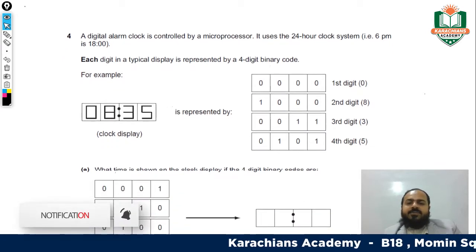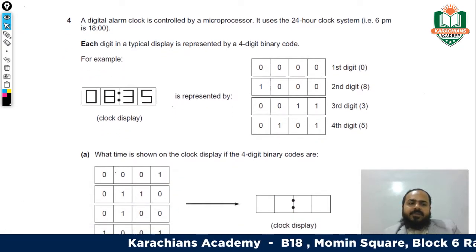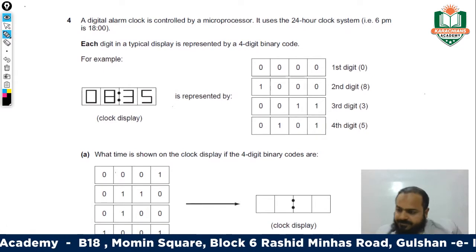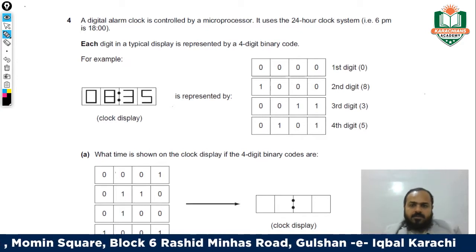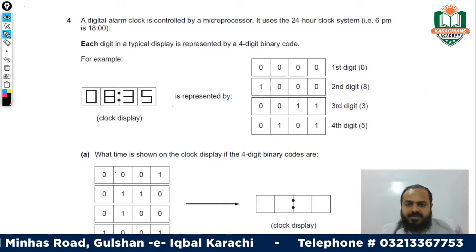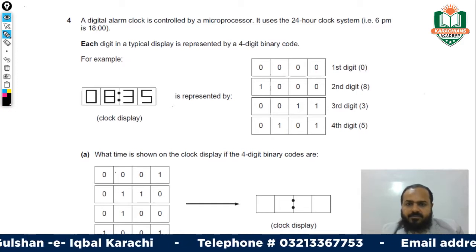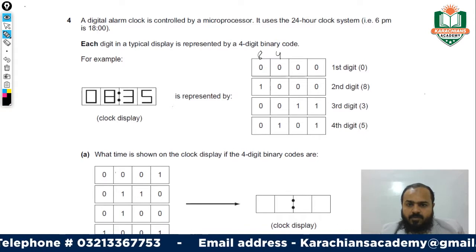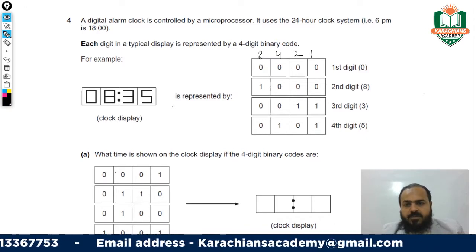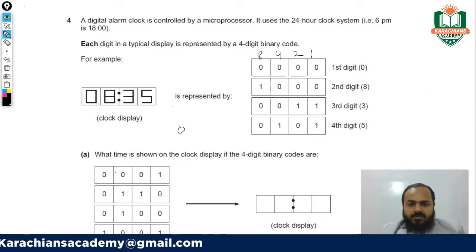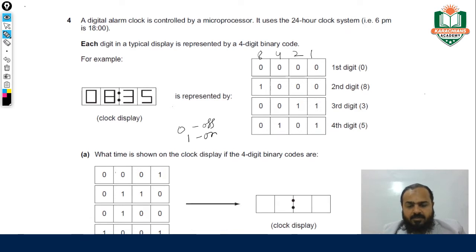So here we have some example. Let me tell you about the example. When we go at the top over here, we have to put a BCD code at the top. 8, 4, 2, 1. And one thing I want to clear you that 0 means off and 1 means on.